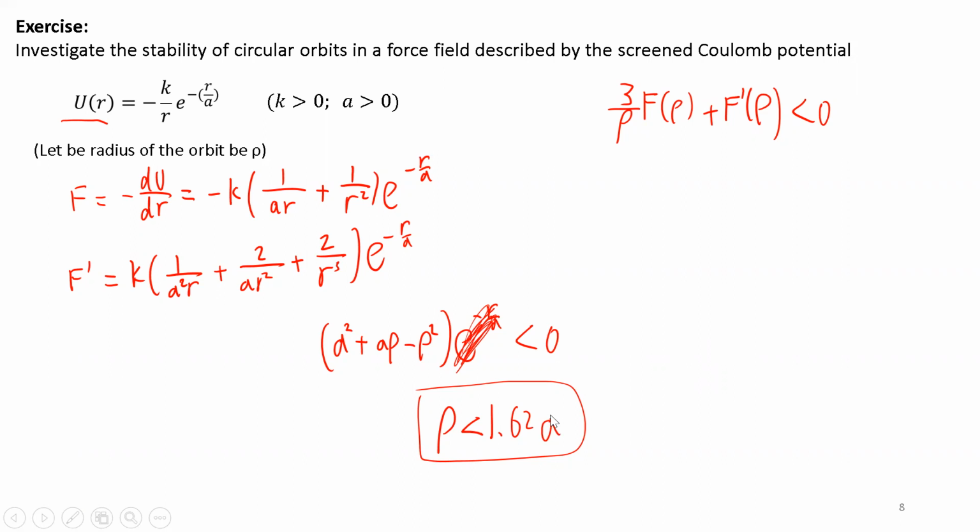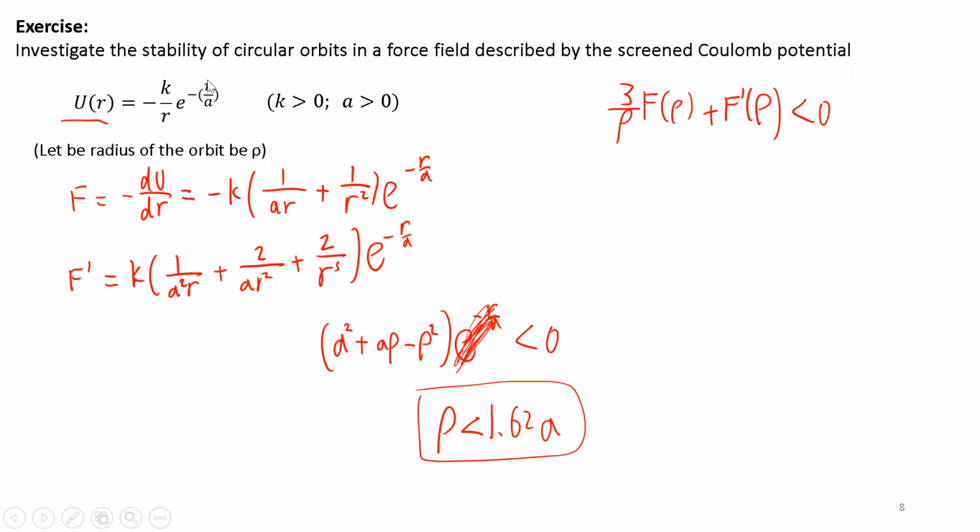So what this A is actually over here: this A is characterizing how fast this term decays. If this A is small, this would be a rapidly decaying exponential function, which means it decays very, very fast.